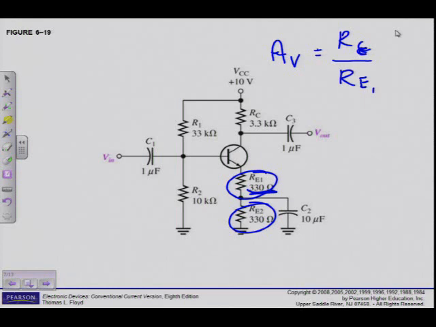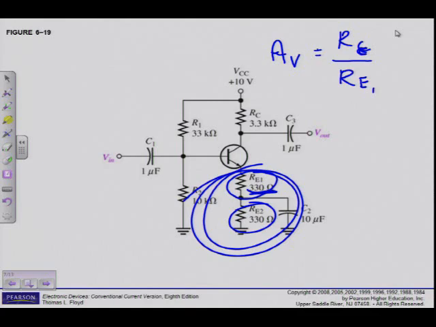But now, because I'm bypassing RE2, I only include RE1. So it influences my input resistance as well. You have to look at the circuit right from the beginning when you calculate the input resistance to see if swamping is applied, because it influences those formulas.